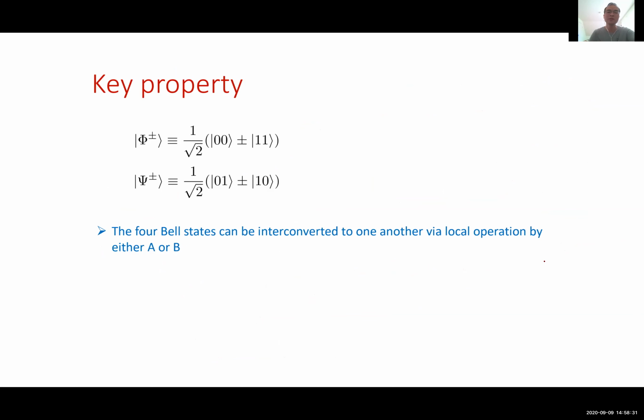The key property is that these 4 Bell states can be interconverted to one another by local operation. So for example, let's start with phi plus.